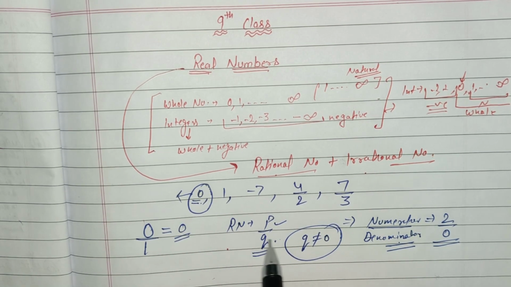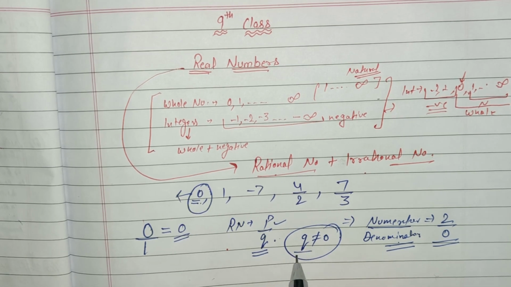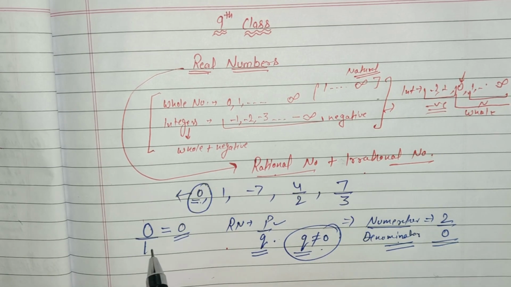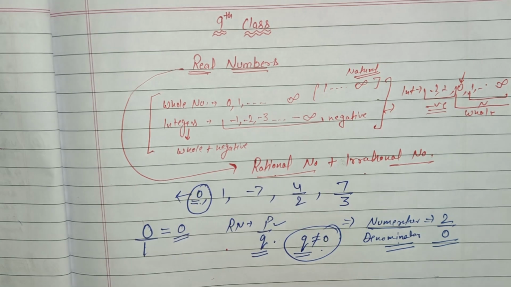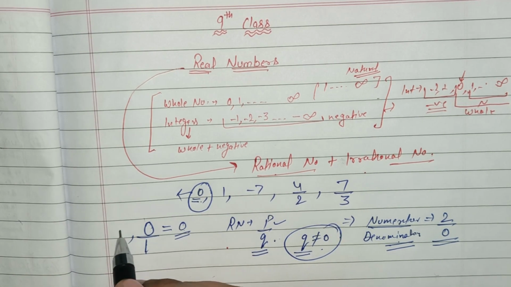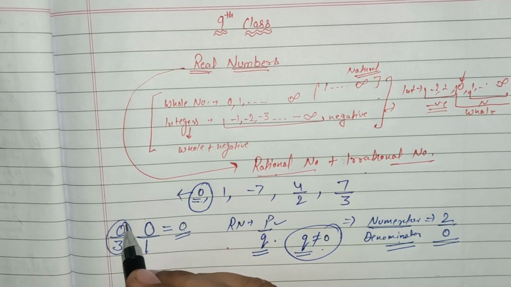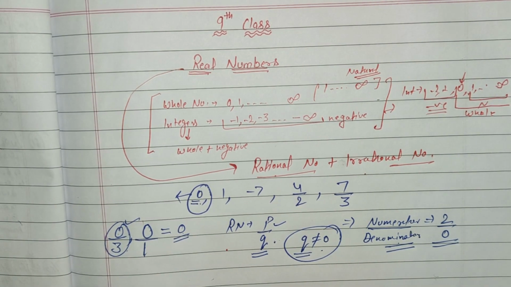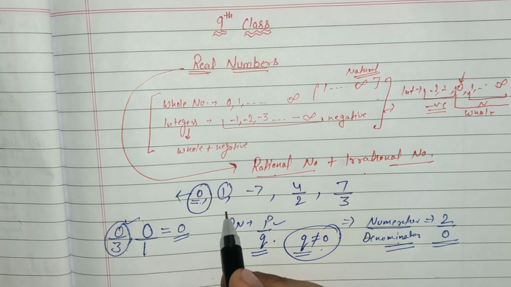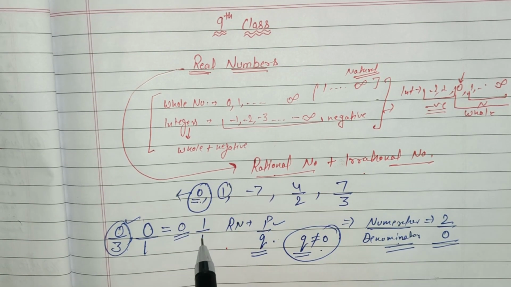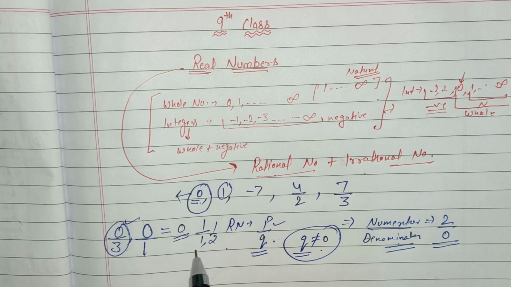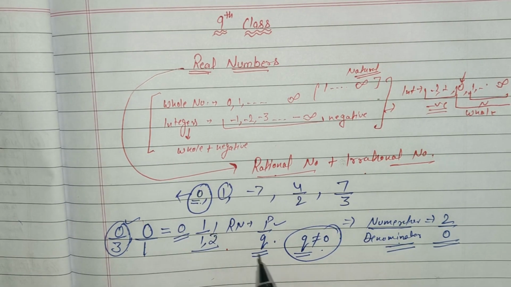And our condition is that the denominator should not be 0. It is not 0, it is 1. So we can say that it is a rational number. If it is written as 0 upon 3, we can again say that it is a rational number. Now coming to 1, yes, 1 upon 1 or 1 upon 2, it is a rational number.